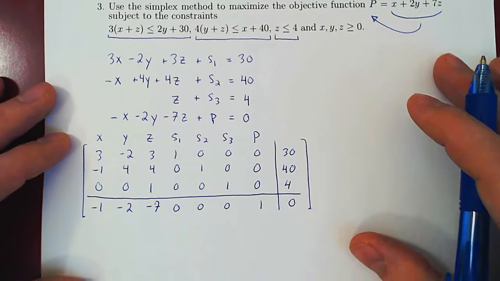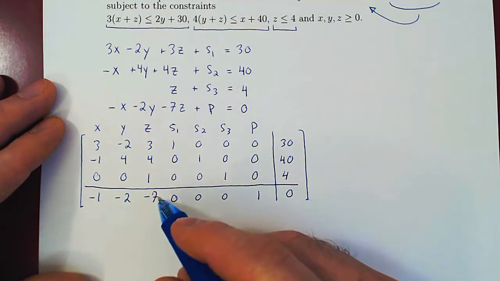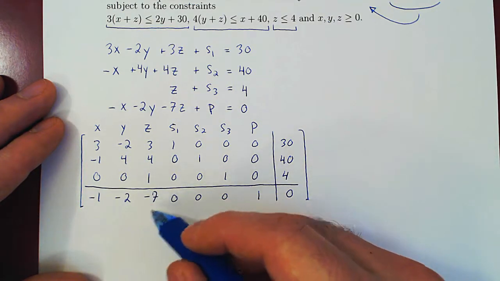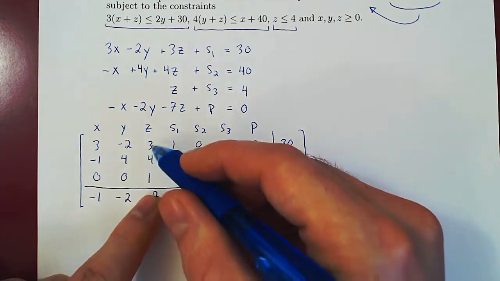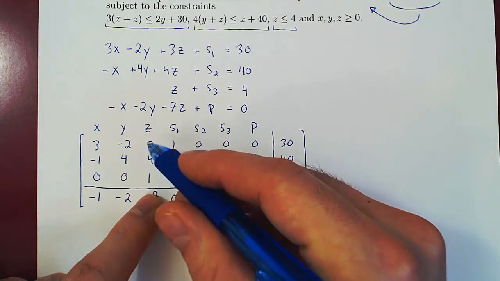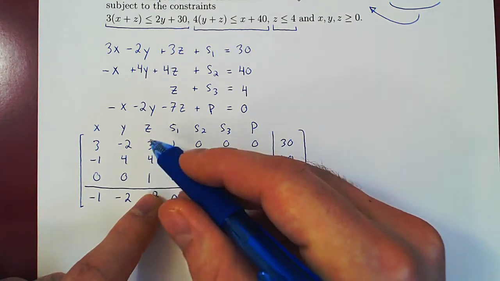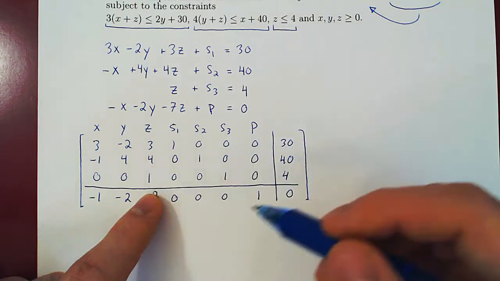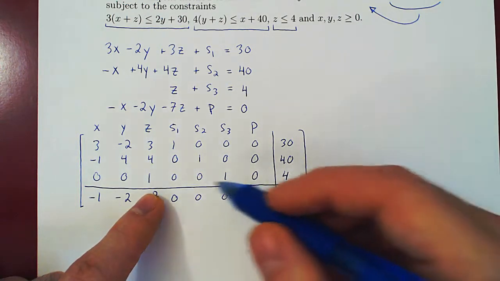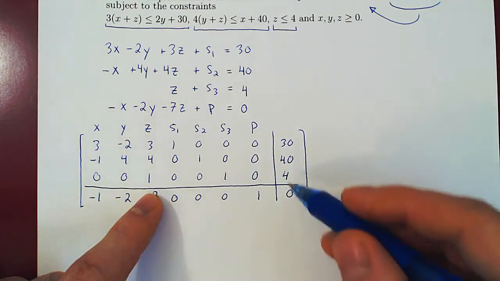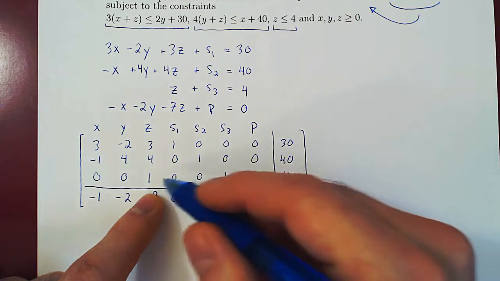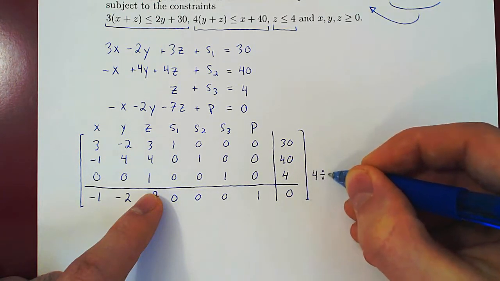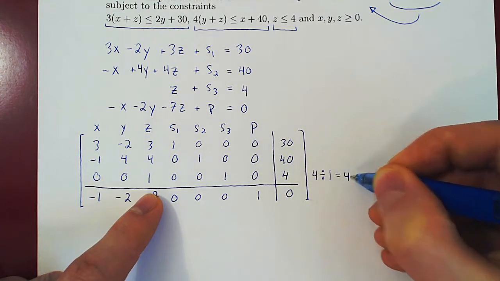As always, we then single out the largest negative value in the bottom row, which here is negative 7. We look in the column above it. We take only the positive entries. Here, they're all positive. And we find for each entry the ratio that is the constant term over the corresponding entry. So here the ratio will be 4 divided by 1, which is 4.